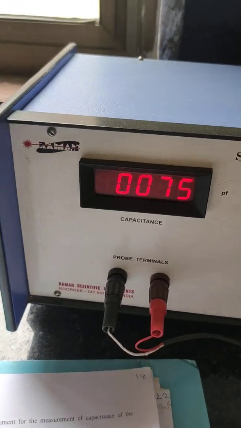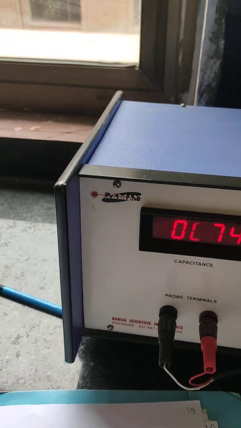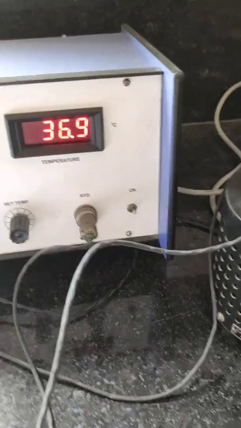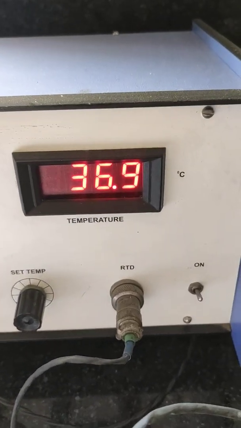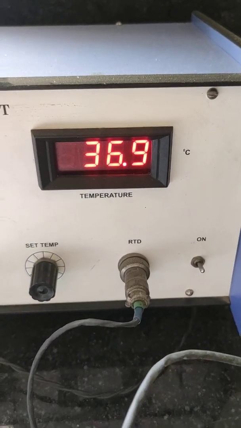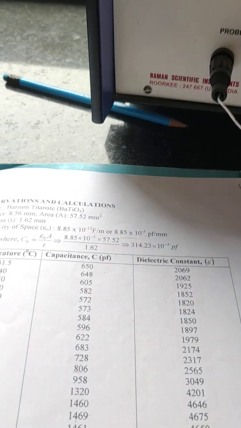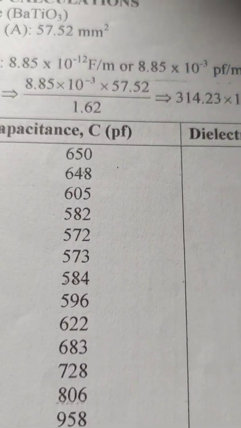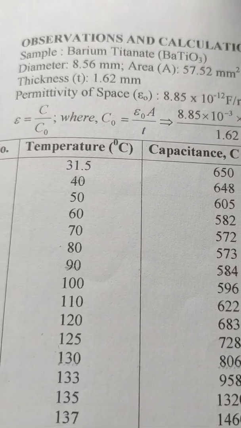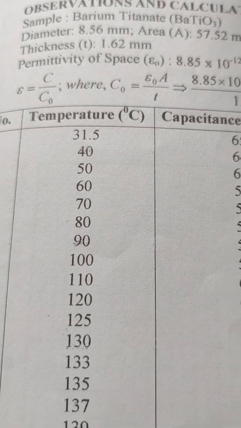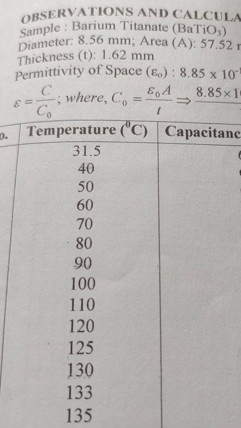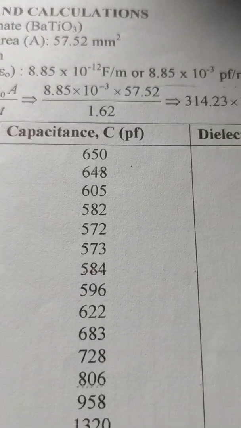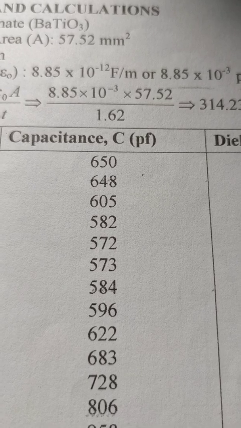Room temperature is 36.9 degrees centigrade. You may note this temperature and capacitance in the table like this. As I have written here, room temperature is 31.5 and the value of capacitance is this much.